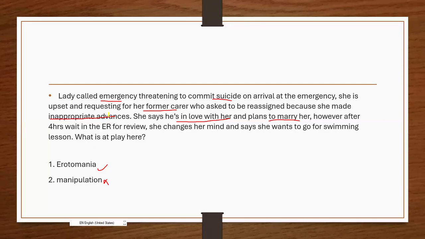What I was telling was, in erotomania, one person feels that someone else is in love with that person. So this lady believes that the doctor is in love with her, and that is a firmly held belief, and that's a delusion. Usually that person is someone who is at a higher rank than her.